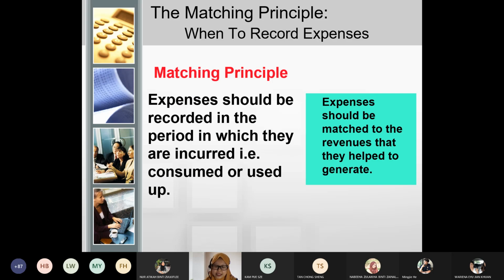All right, so this is the matching principle. The matching principle states that we must match expenses with the period in which they are used. Okay, so we have to match with the revenue, because the expenses are used to generate the revenue.